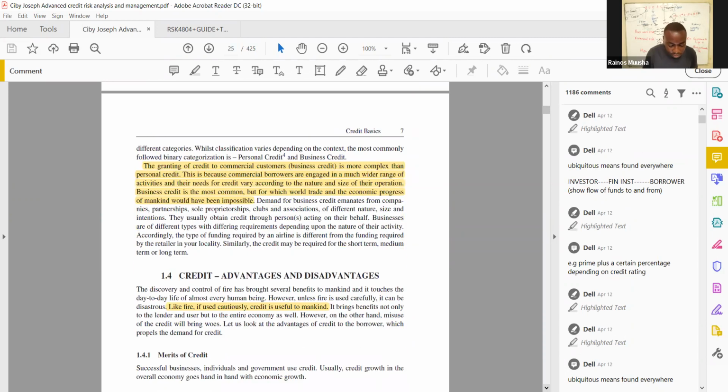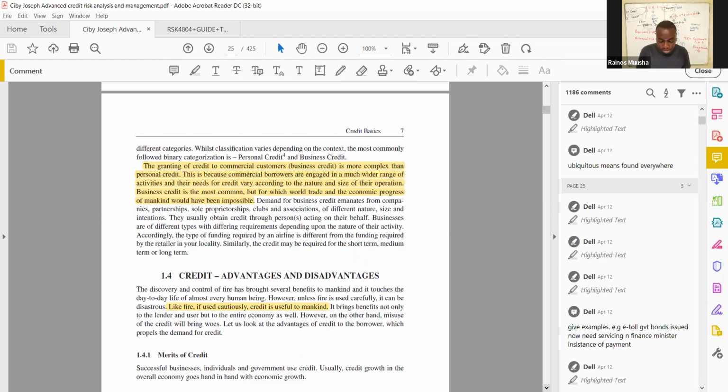So here on page 7, we're saying the granting of credit to commercial customers is more complex than personal credit. This is because commercial borrowers are engaged in a much wider range of activities, and their needs of credit vary according to the nature and size of their operation. So when you look at commercial customers, this is where you're looking at giving out credit to companies compared to giving out credit to individuals.